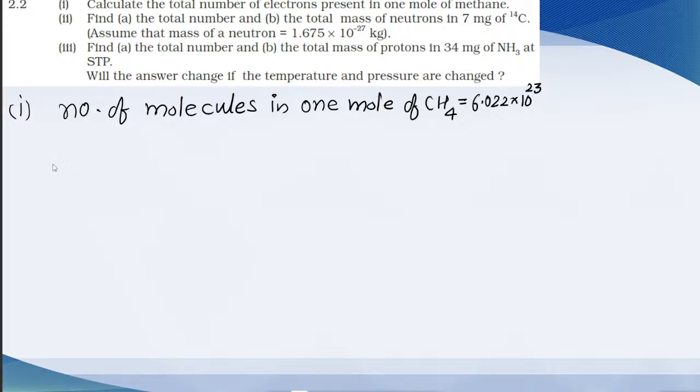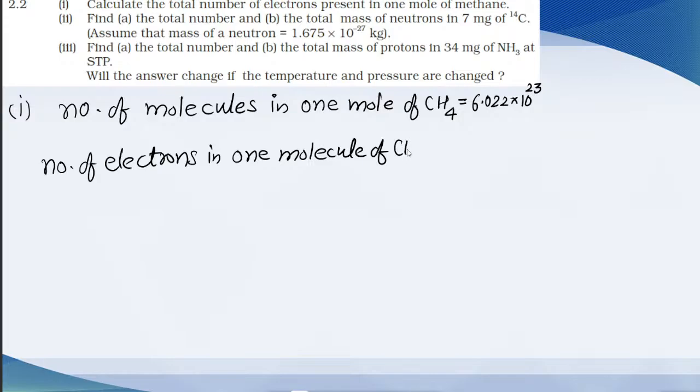Now, the number of electrons in 1 molecule of methane. So see, in carbon, the number of electrons in carbon is equal to its atomic number, that is 6, so there is 1 carbon, and what is the number of electrons in 1 atom of carbon?